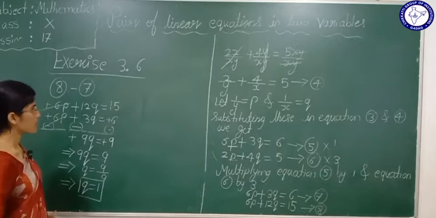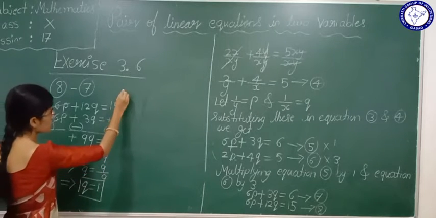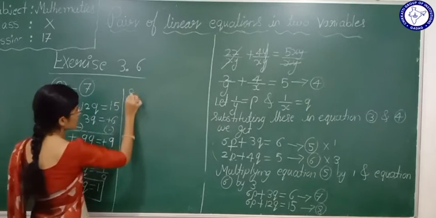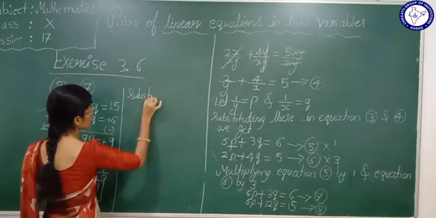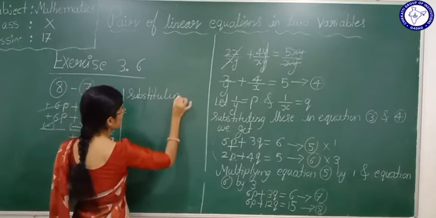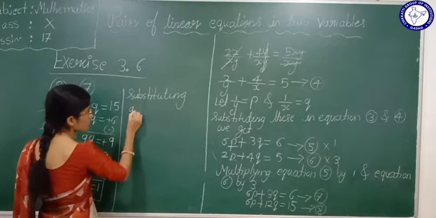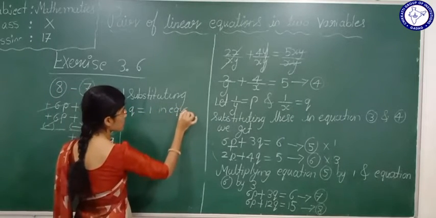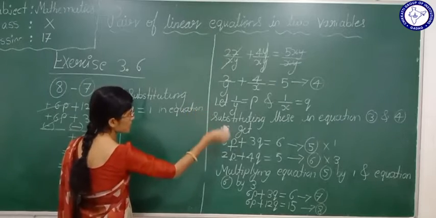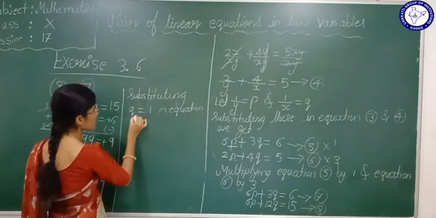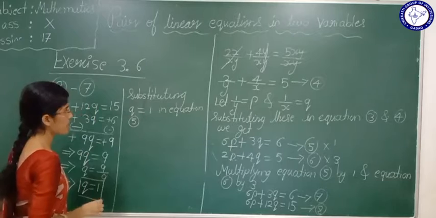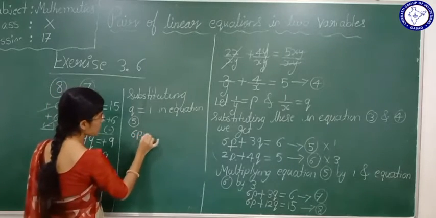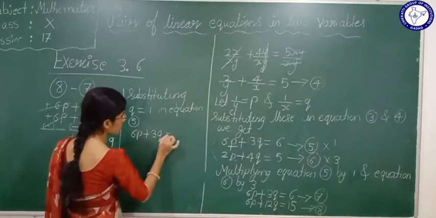So now what we will do is substitute q is equal to 1 in an equation. I will put it in equation number 5. Substituting q in equation 5, what will we get? 6p plus 3q is equal to 6.